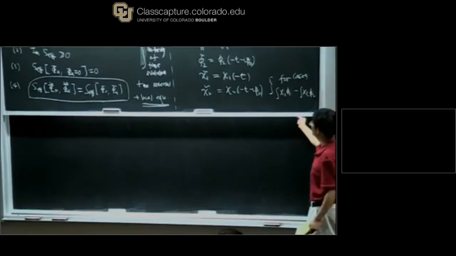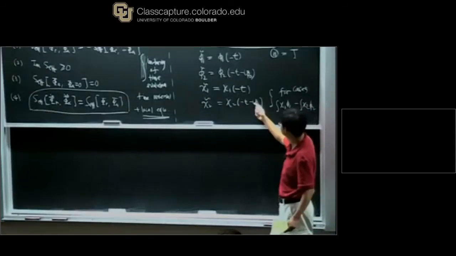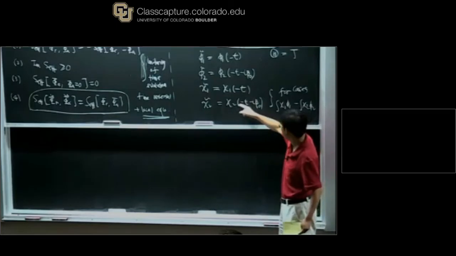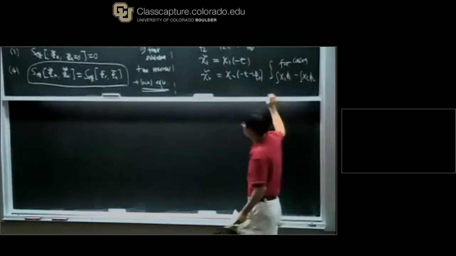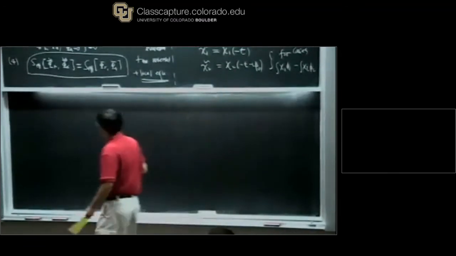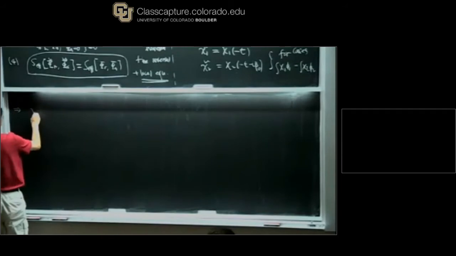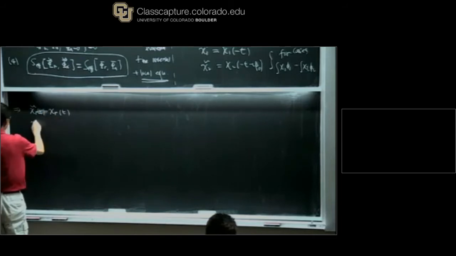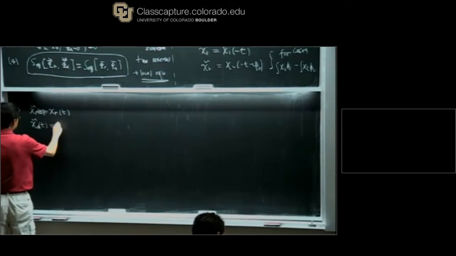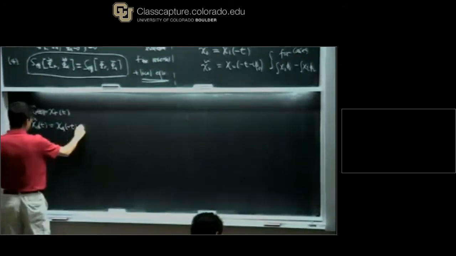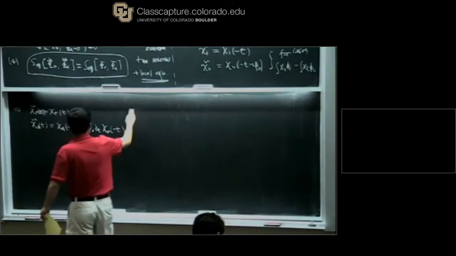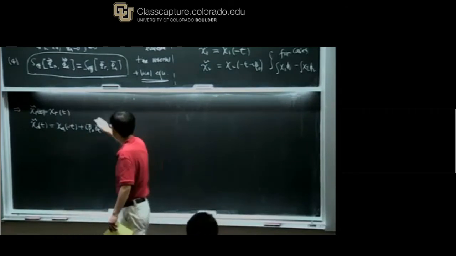In general, when we consider things that vary very slowly, you can expand this beta 0 in derivatives, and the transformation can be written as chi r tilde t equal to chi r minus t, and chi a tilde t equal to chi a minus t plus i beta 0 partial t chi r minus t, plus higher derivative terms.